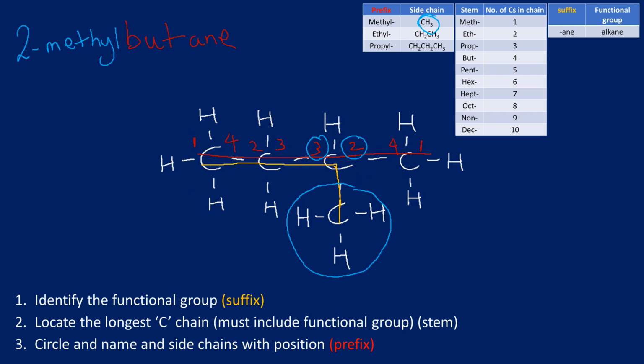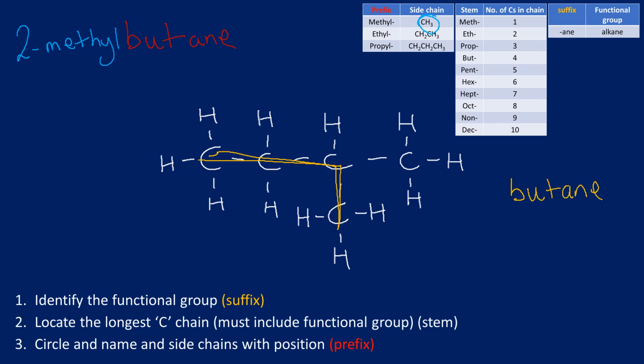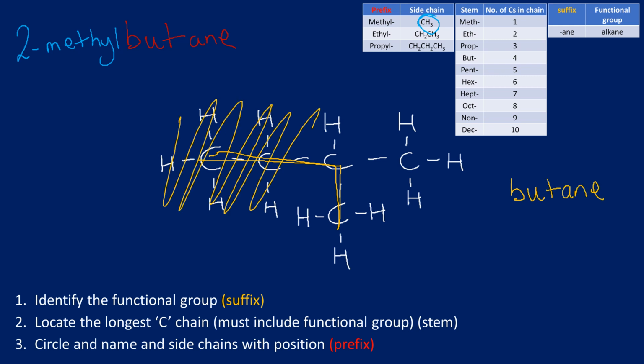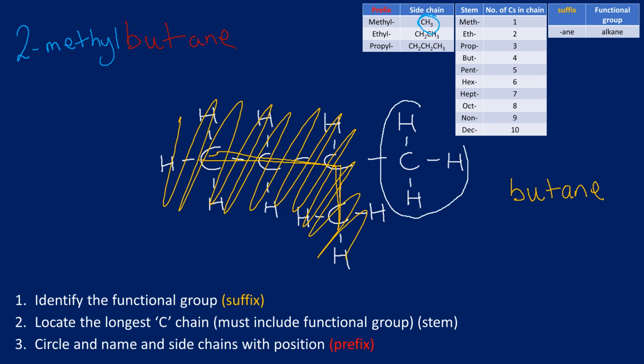What will happen if I go with the gold chain, which was this one? Well, it's still but, so it's still butane. This time, though, I've taken account of this part of the molecule, so it does have a side chain. It's still a methyl, so it's still methyl butane.